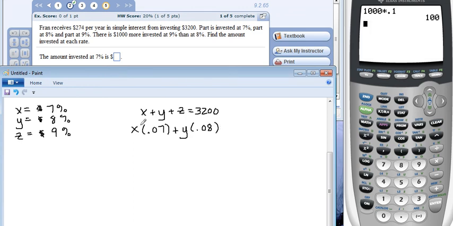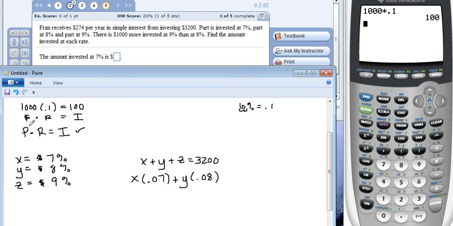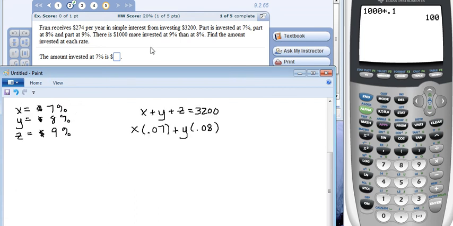So this is principal times rate. She's doing it 3 different times, so I've got to have 3 different principal and rates. Plus the principal that she puts into the 9% account times the rate as a decimal.